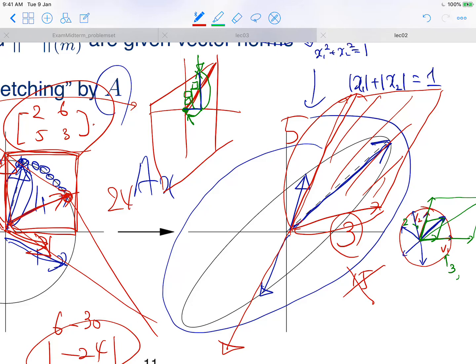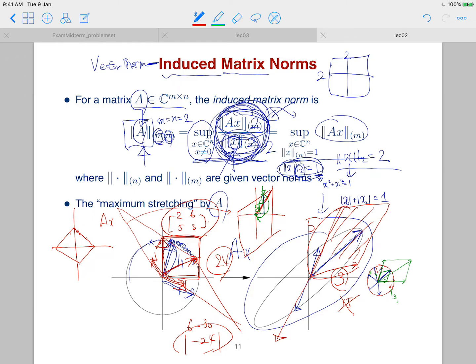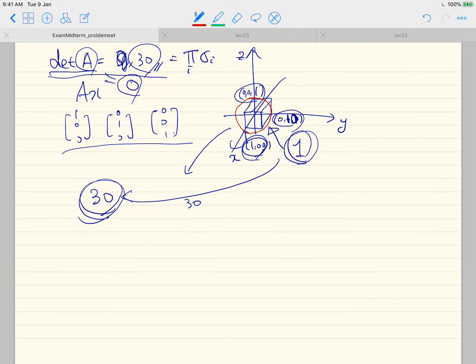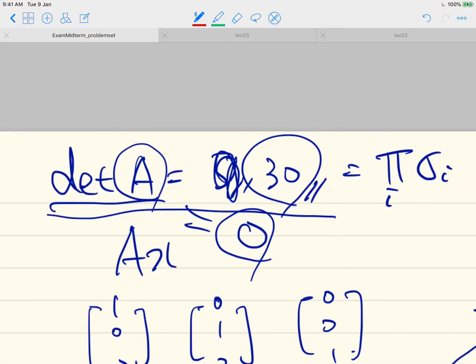It originally has an area of 1, and the area of that parallelogram is 24, right? So that's the meaning of this determinant. And then how can we relate this to the eigenvalue thing with this determinant?